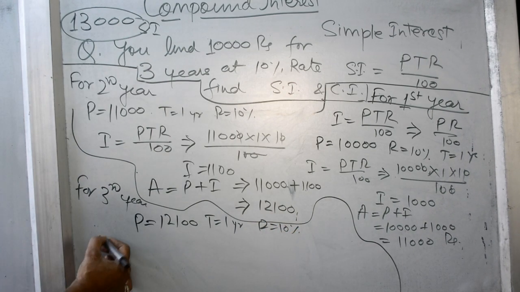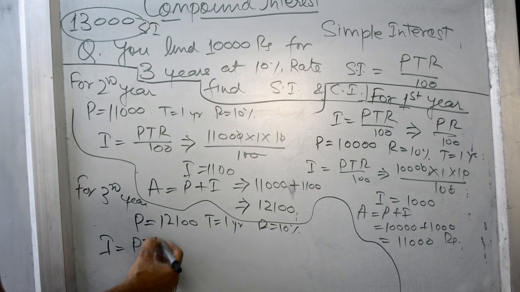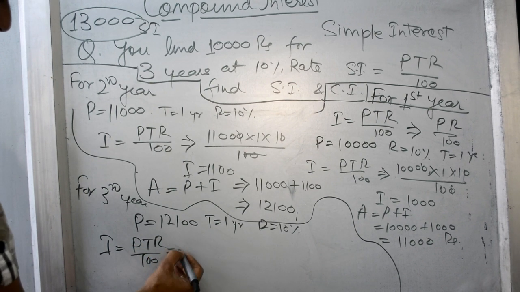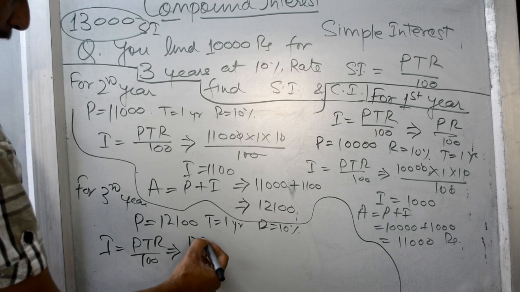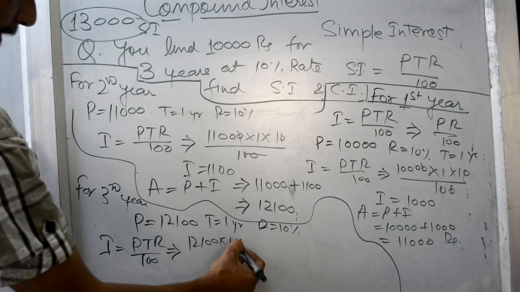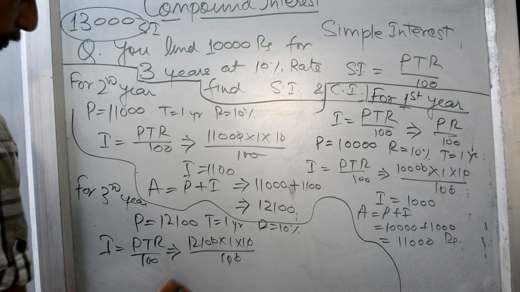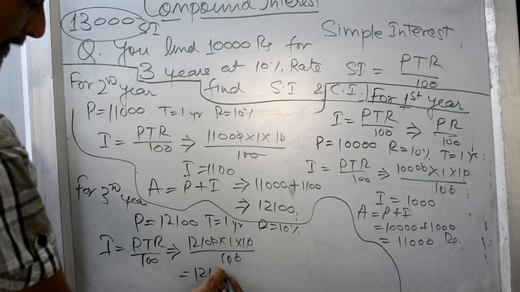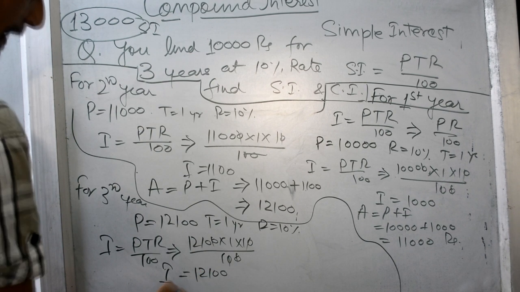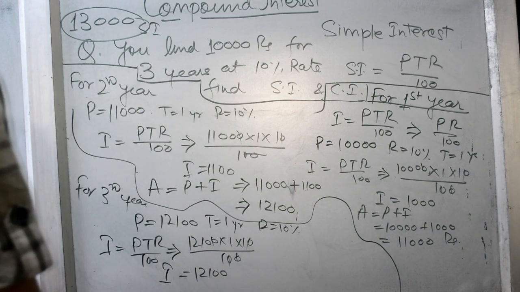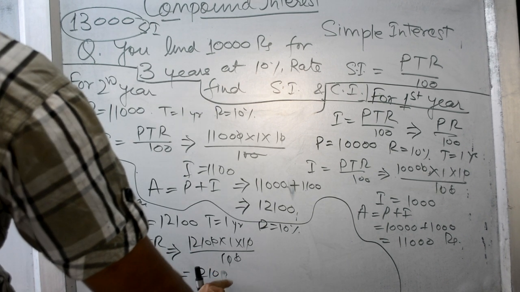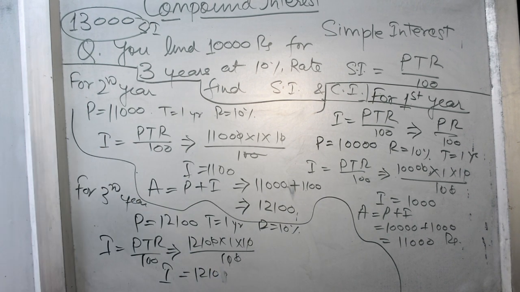Using the formula, interest is equal to PTR upon 100, solve it: 12,100 rupees, 1 year into 10 upon 100, the zeros are removed, and 1,210 rupees is the interest.